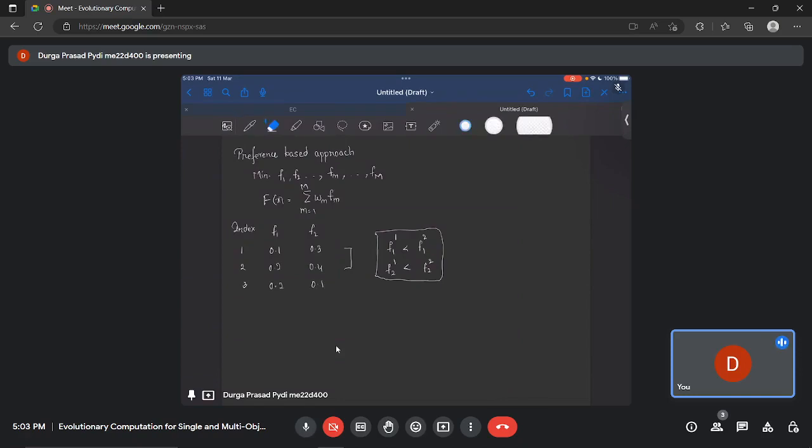Now, when you want to compare 1 and 3, you can see that f1 for solution 1 is actually less than the value of objective 1 for solution 3, but f2 for solution 1 is actually greater than f2 for solution 3. So among 1 and 3, you cannot say which one is better or worse than the other. So this is what we call non-dominated solutions.